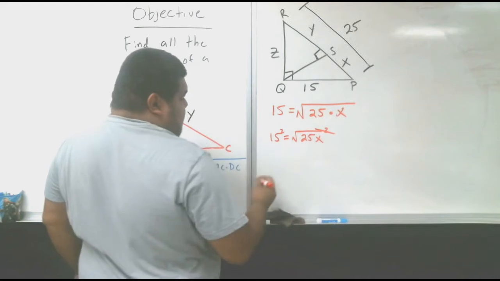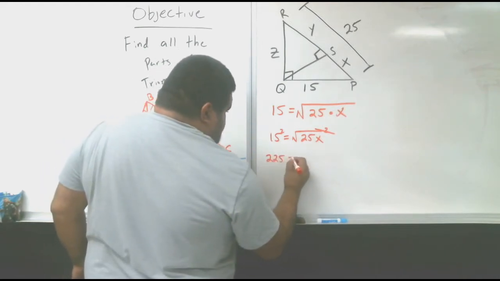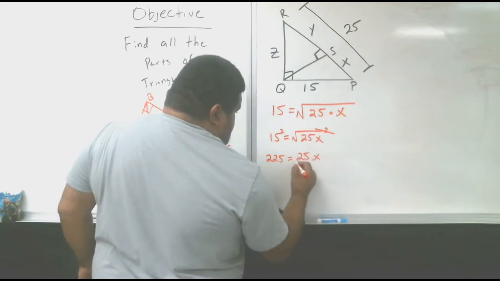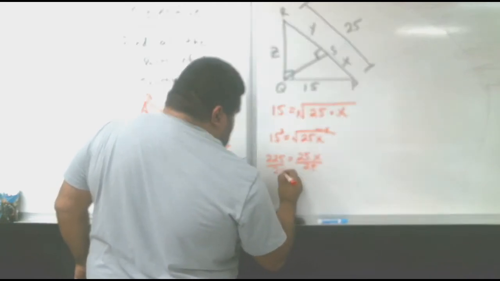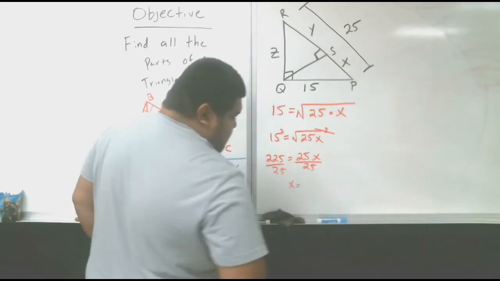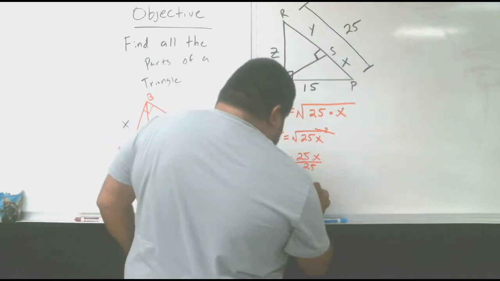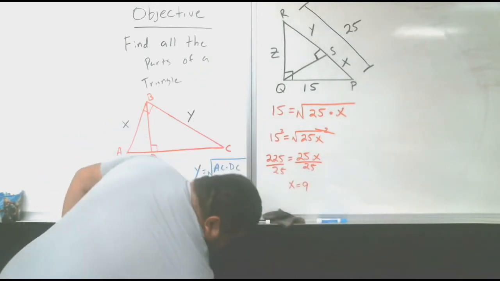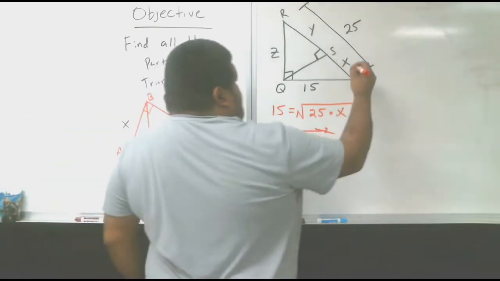Square, they cancel out. 15 times 15 is 225 equals 25x. Divide by 25, because remember we're solving for x. X equals, since I already have it done here, 9. 25 can go into 225 9 times. So X equals 9.